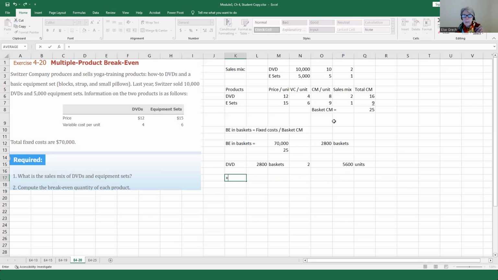Similarly, when I look at the E-sets, I'm going to take 2,800 baskets and multiply it by how many E-sets are in each basket, 1. So that means if I sell all those baskets of goods, I'm going to sell 2,800 units of E-sets.